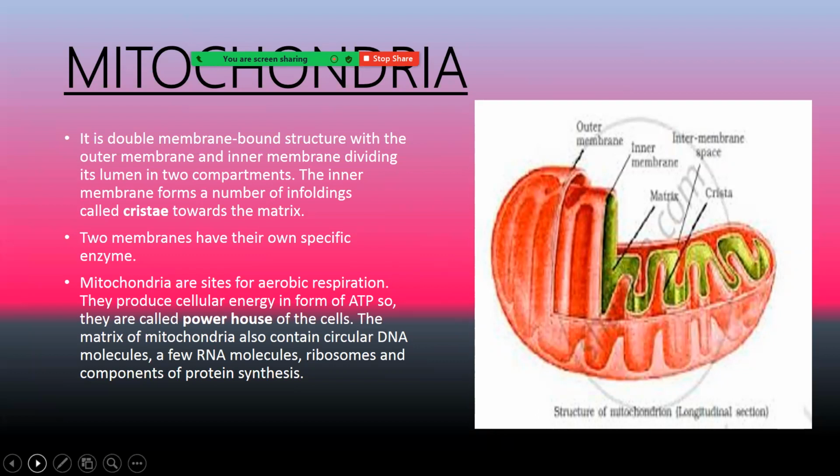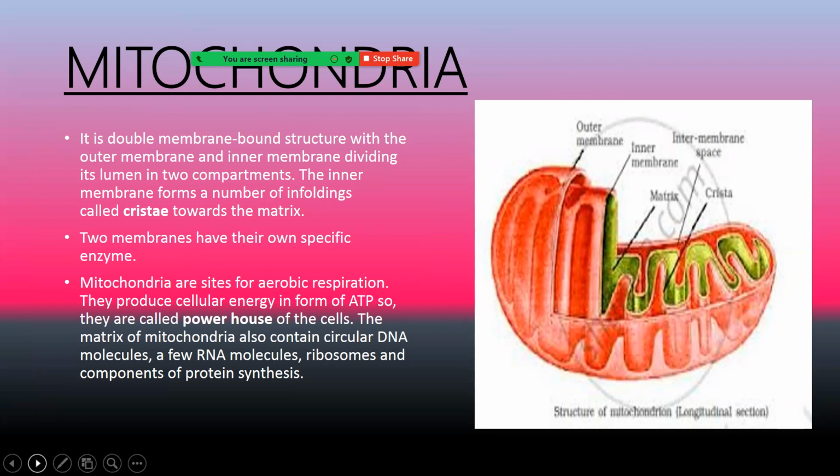The inner membrane forms a number of foldings, which are known as cristae, and they are folded towards the matrix. Both the outer and the inner membranes have a large number of enzymes in them. As I told you, mitochondria is known as the powerhouse of the cell because it produces cellular energy in the form of ATP.